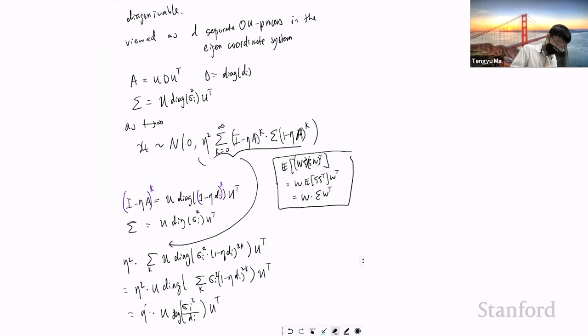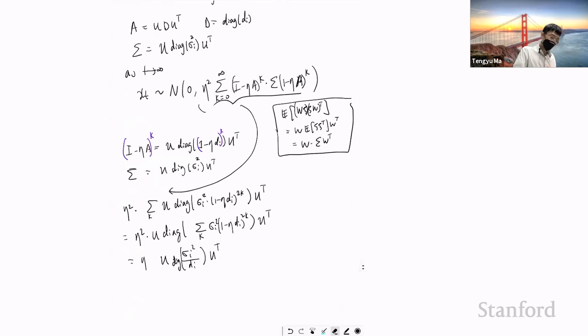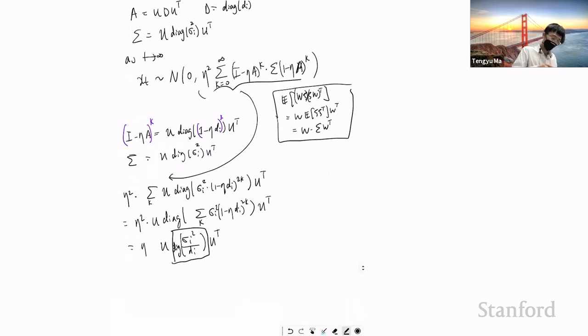And there's an over eta here, so let's remove the eta, something like this. So you can see that basically you have some noise, and this is the noise level in the ith eigenvector direction.